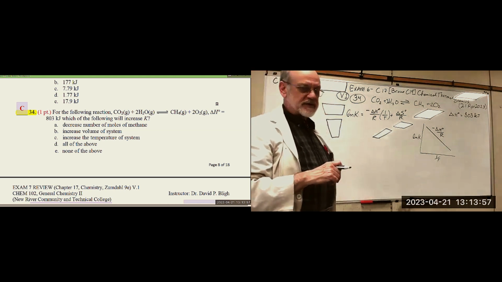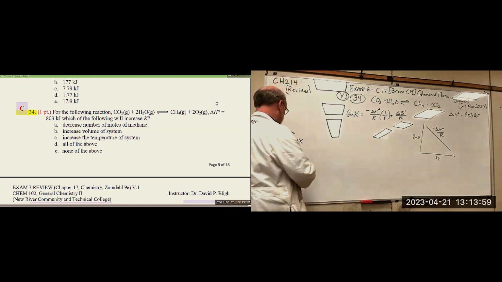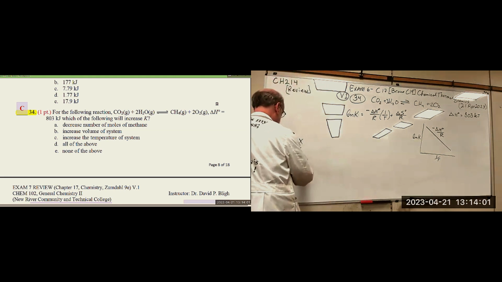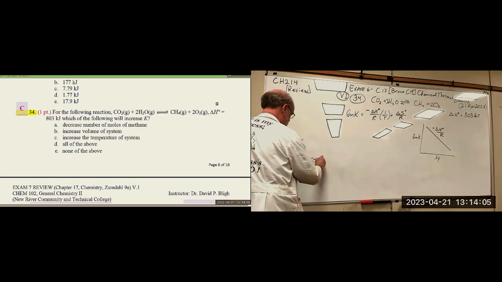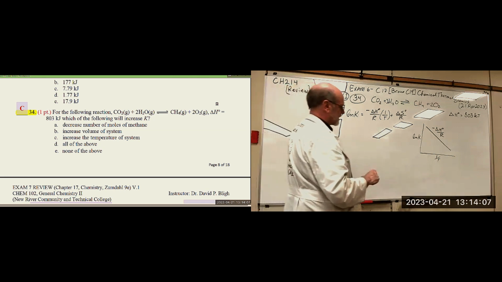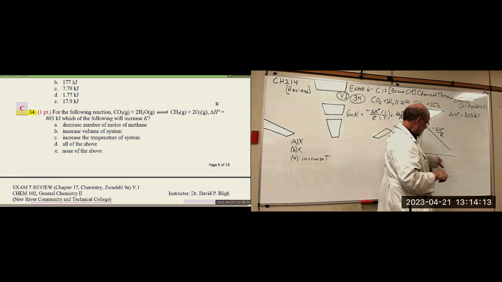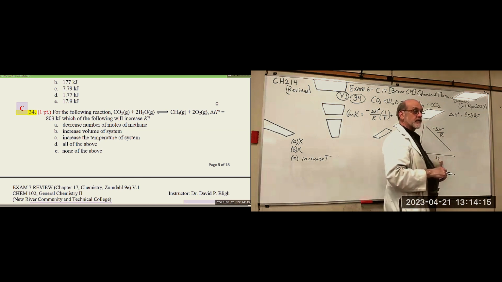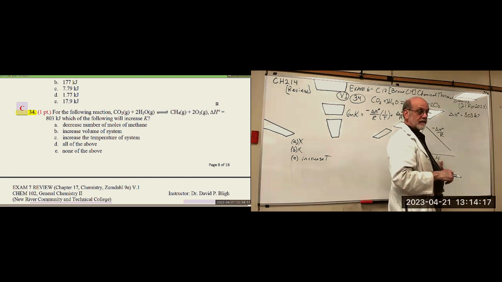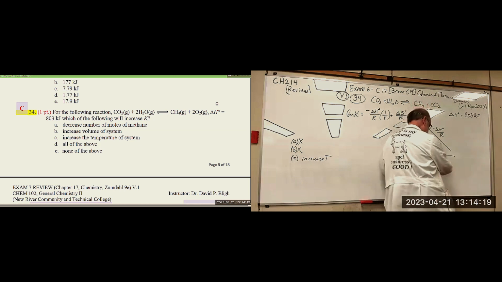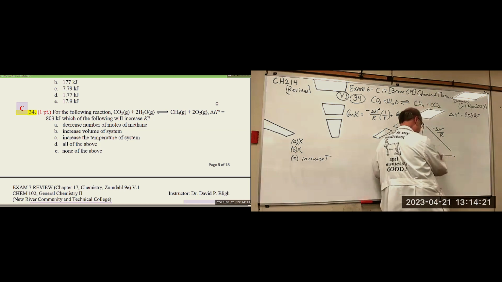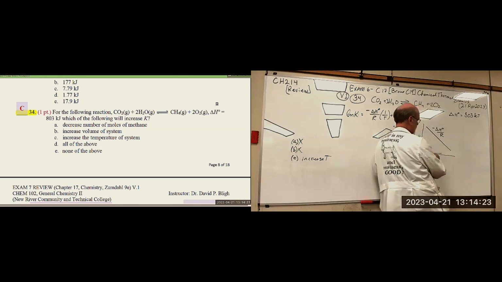Increase the temperature of the system. All right, what happens if we increase the temperature? Well, let's see. If we increase the temperature, then 1 over T will decrease. This is the reciprocal of temperature. So if this increases, that means this value goes back that direction. So we're moving this way.